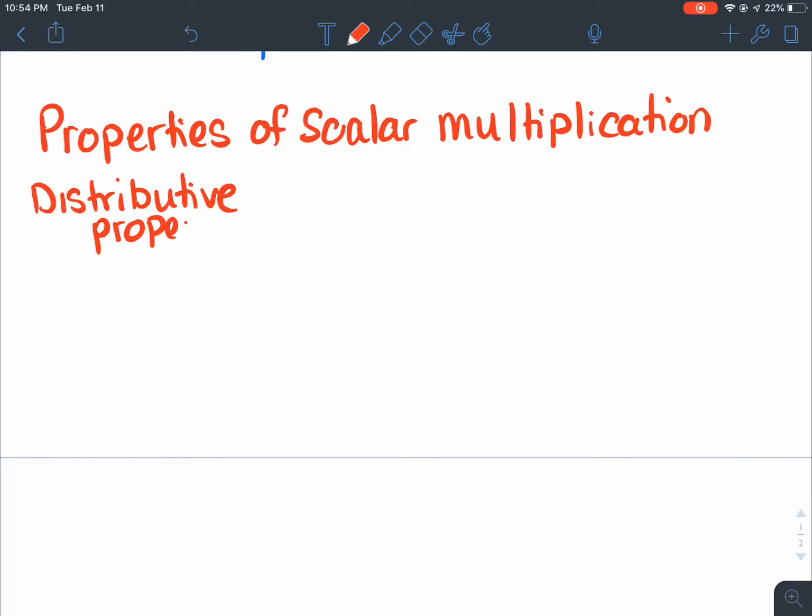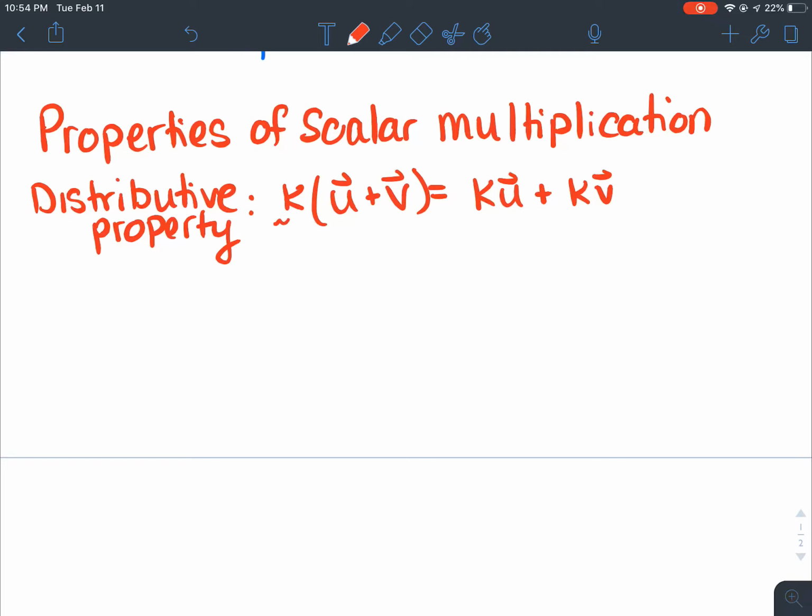It works for scalar multiplication too, which I kind of just showed above. So if you had a scalar k, and then you had a couple of vectors that were being added together, you can actually use the distributive property, and you can apply that scalar after you add the two vectors together, or you can apply the scalar before you add the two vectors together. So you can distribute the scalar amongst the two vectors, or you can add the two vectors first.